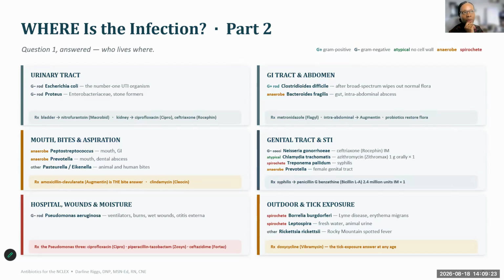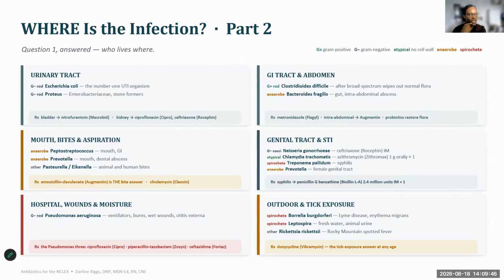Your anaerobes, we're talking female genital tract. Different family, so pay attention to what STI we're talking about, because depending on the STI, the medication is different. There's a test question with syphilis that's crossing my mind, but okay.